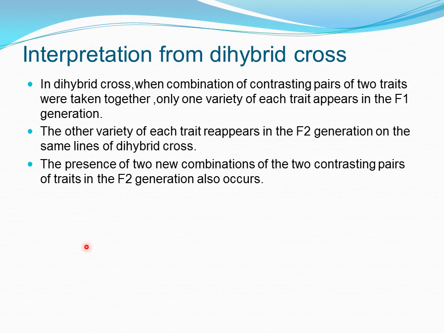This is a new thing which is happening here. We have seen a new combination: round seeds green in color and wrinkled seeds yellow in color. This is a new combination of two pairs of contrasting characters which came out in the F2 generation.